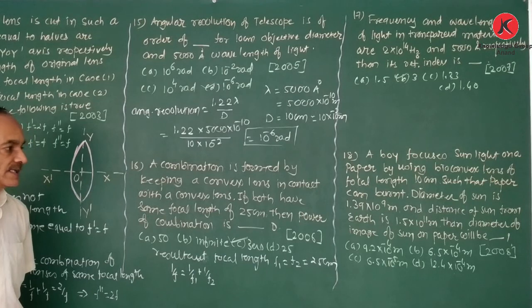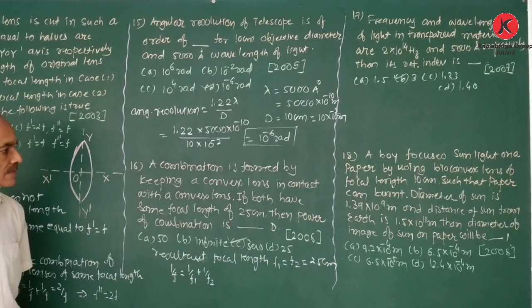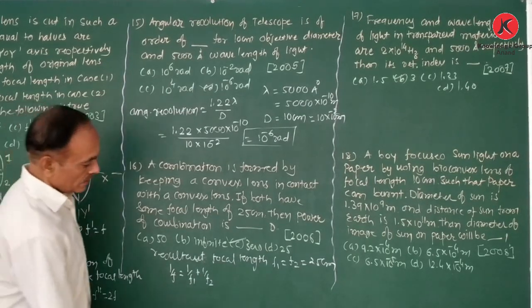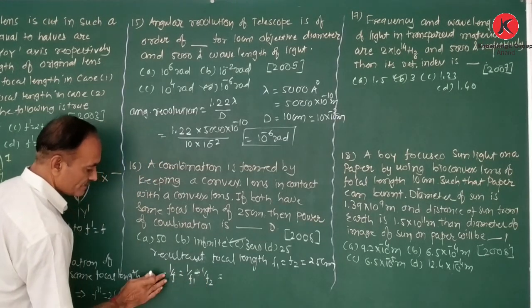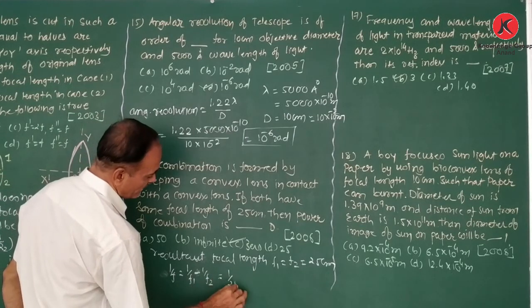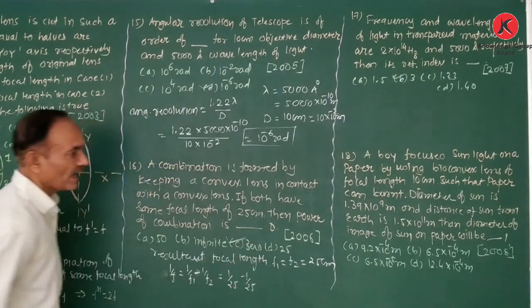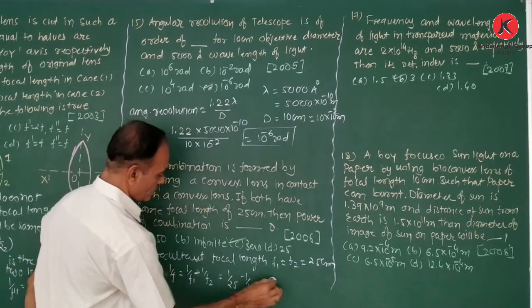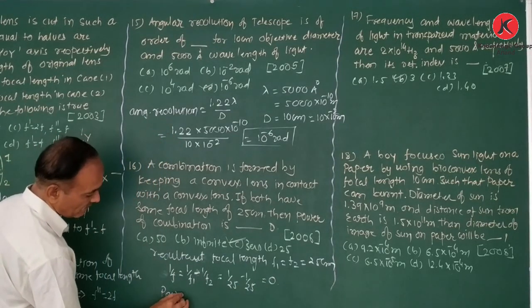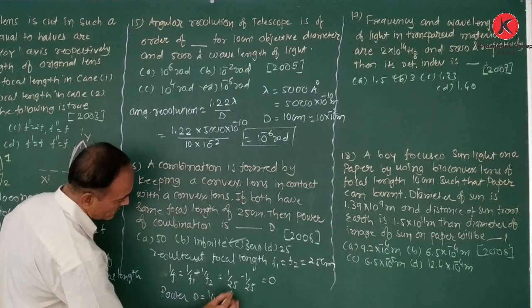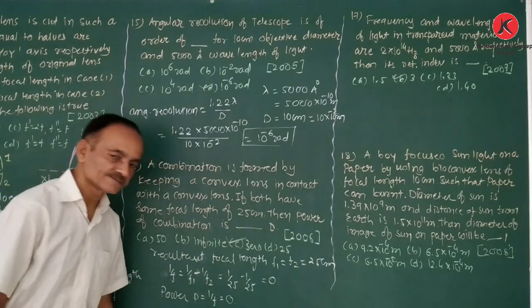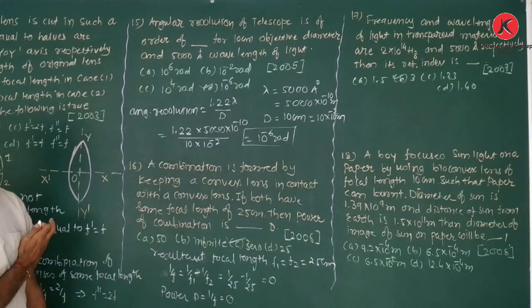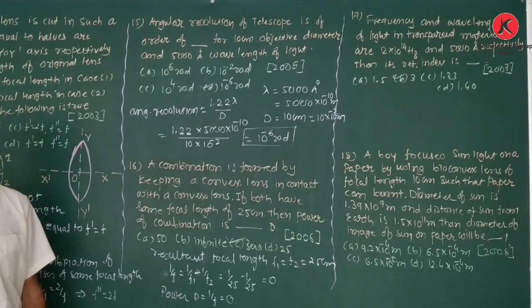Right? Okay. Here both lenses are convex lenses. Therefore, here 1 upon f1 minus 1 upon f2, that is our power. Therefore, 1 upon 25 minus 1 upon 25. So that is 0. Therefore, power P is equal to 1 upon f is equal to 0 power. So that is the power of the combination of two lenses placed in contact.